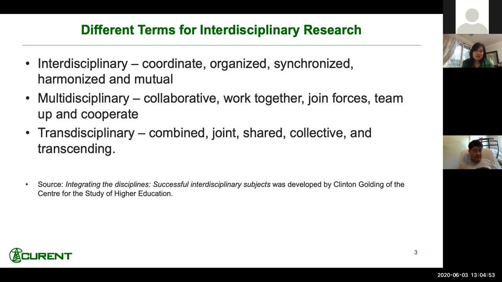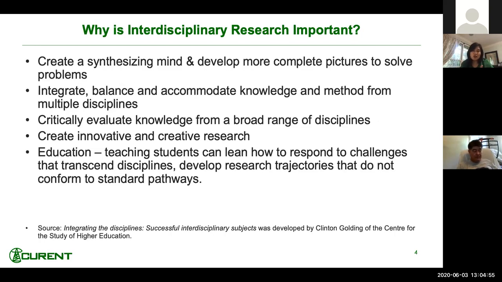Why is this important for researchers? Because we want to create a better solution to begin with, and to create a synthesized mind from different components, disciplines and methodologies. Then we can have a broader understanding of our technology issues or social issues.